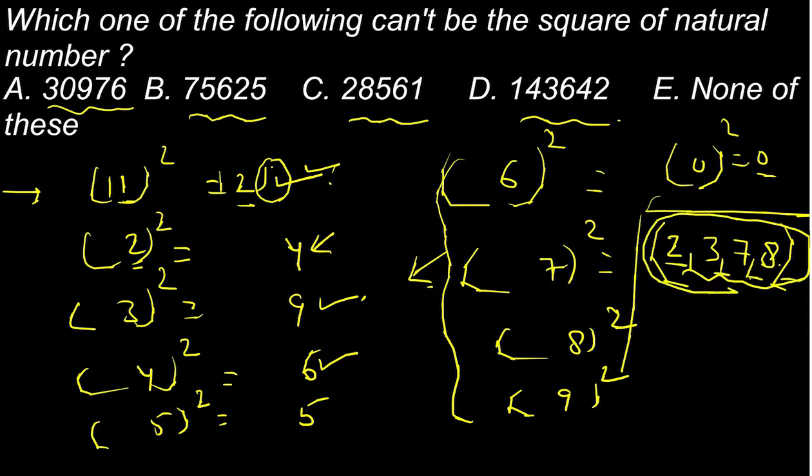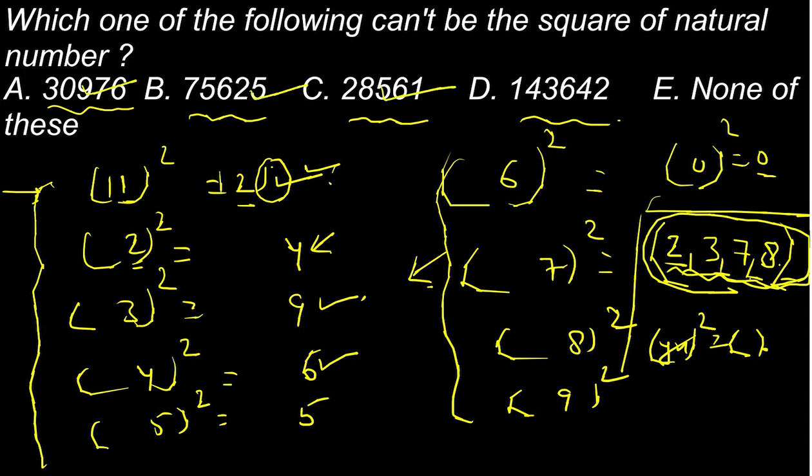So for any number, let's say x square, the unit place is never going to be 2, 3, 7, 8. You can pause this and repeat it if you want to see, but this is important. So 6 can be an answer, 5 can be an answer, 1 can be an answer, but 2, this one, cannot be the square of any natural number. Okay, this is the important one. You can use this in shortcut methods also to find particular squares of a number.